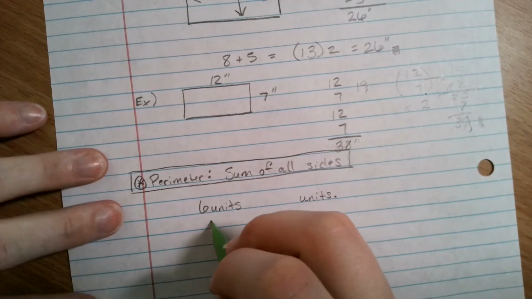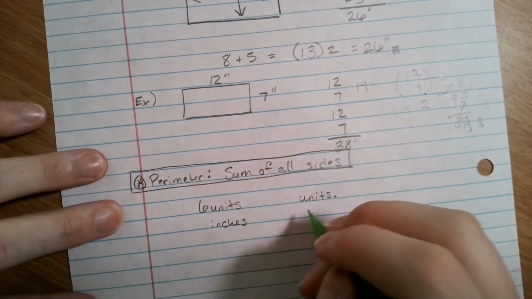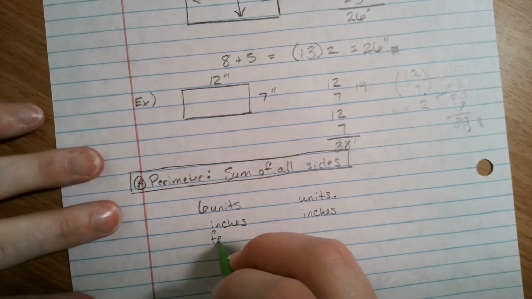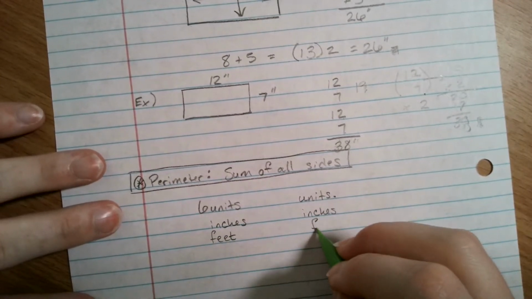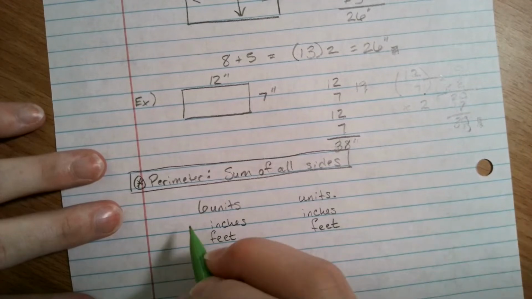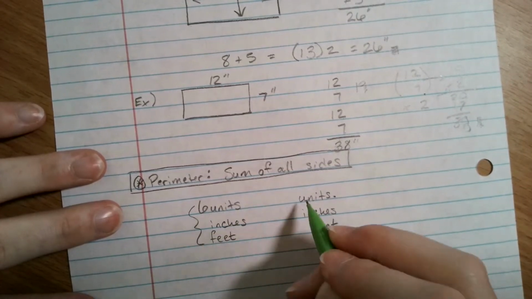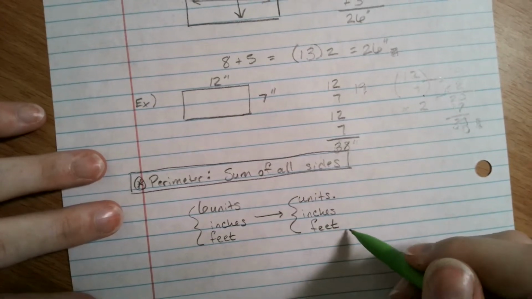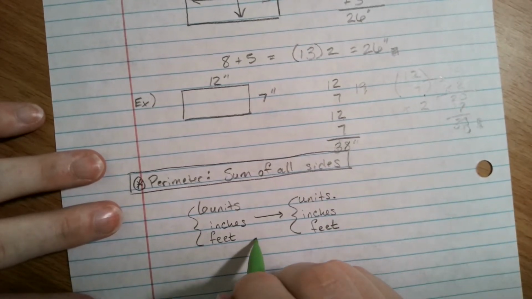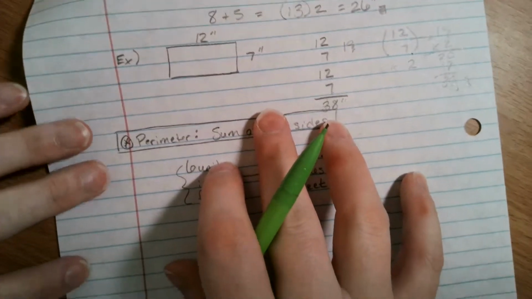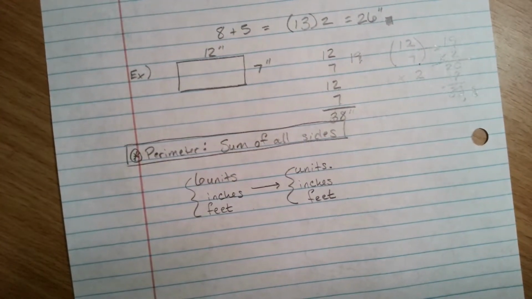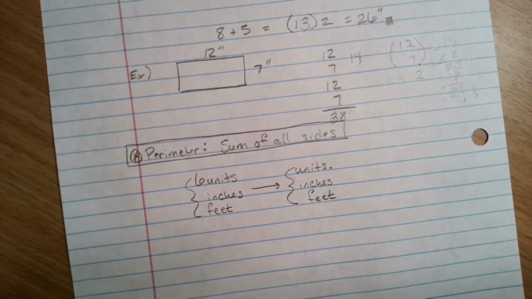So if it was inches, it would be labeled in inches. If it was labeled in feet, it would be labeled in feet. The answers would be labeled the same as the numbers we were adding. As there's a lot more notation for area going forward, I will pause that for now and readdress it in the next video.